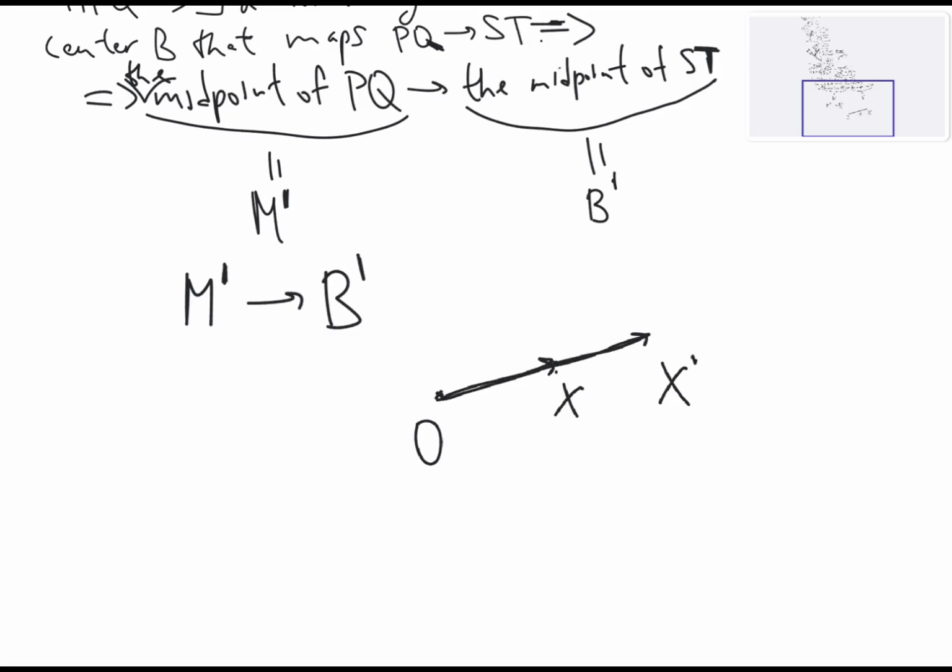A homothety maps a line OX that passes through the center of the homothety to itself, so the mapped point X' would always lie on the line OX.